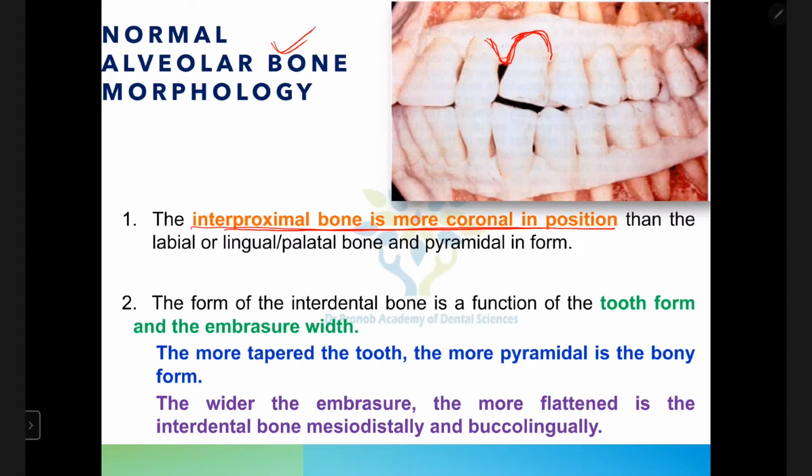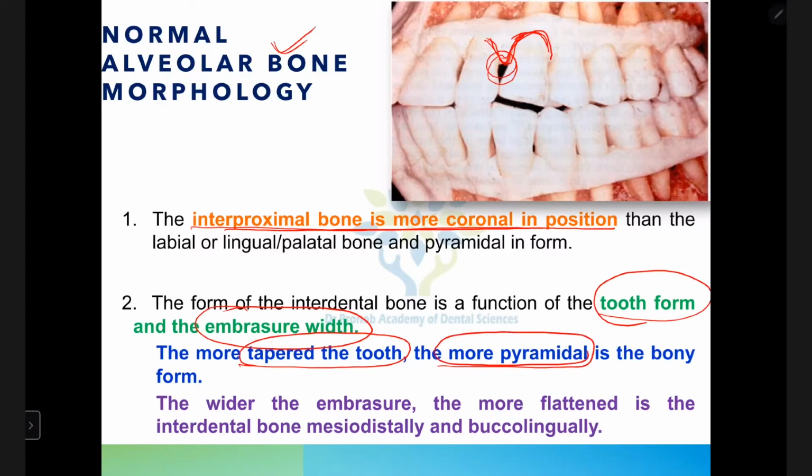Next, the form of the interdental bone is a function of tooth form and embrasure width. Depending upon the tooth shape and the embrasure, the space in between the two teeth is the embrasure. So depending upon these two, the form of the interdental bone varies. If the tooth is more tapered, then the bone in between is more pyramidal.